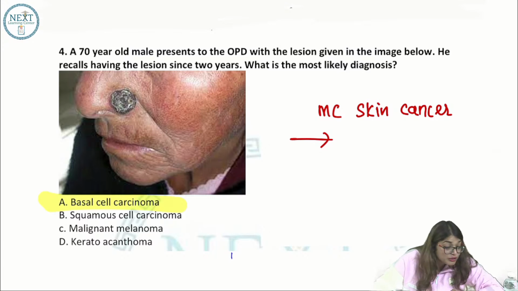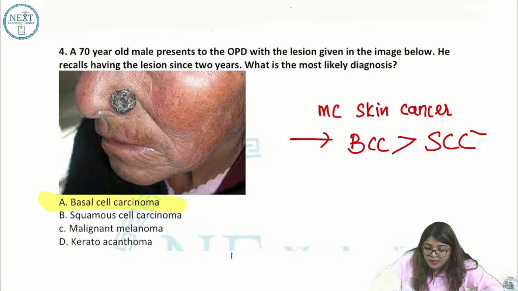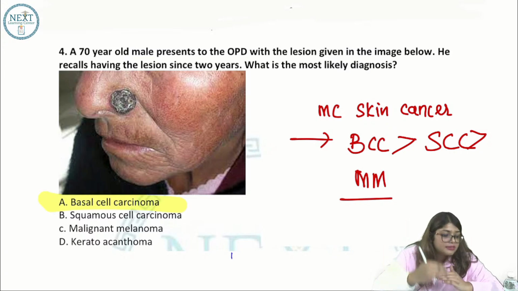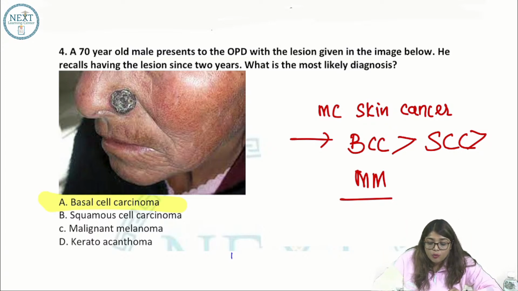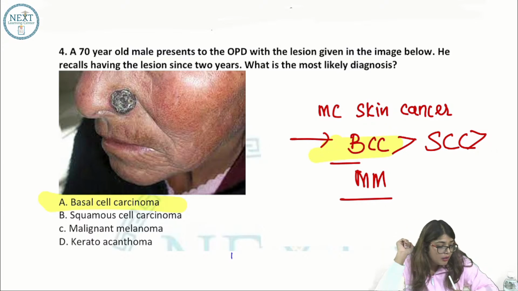So the most common is BCC. Second most common is squamous cell carcinoma, and third most common is malignant melanoma. So why am I telling first most common, second most common, third most common? Because what if BCC was not in the option and they asked you the question? What will happen then?